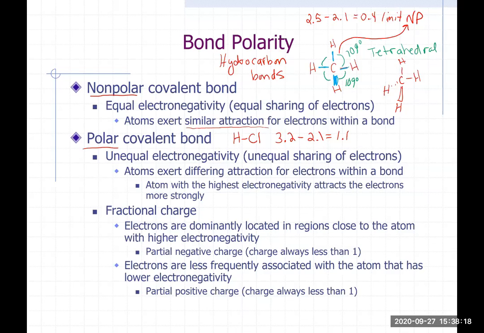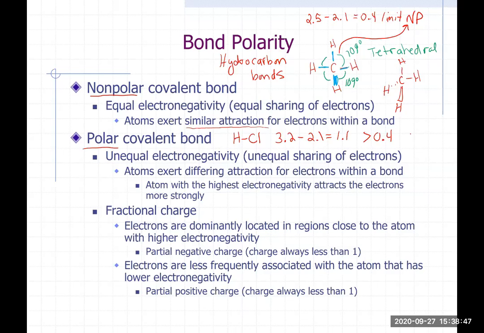And so the situation is with this particular bond and the difference being 1.1, we know that somehow that value is polar. We know that 0.4 is at the limit of nonpolar. And so the limit on either end of polar and nonpolar, so we have to be greater than 0.4 in order to be polar.